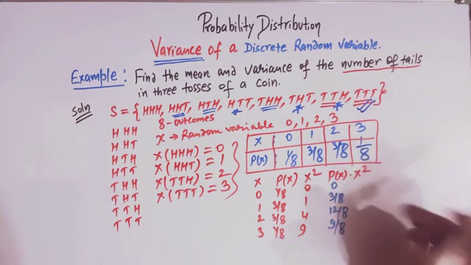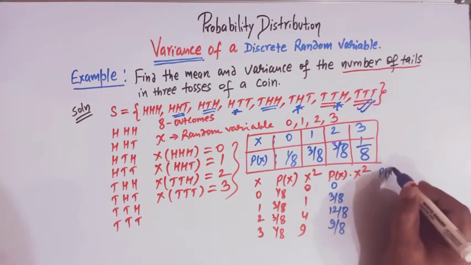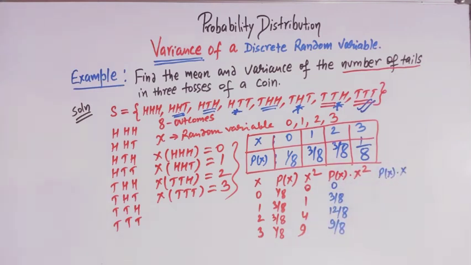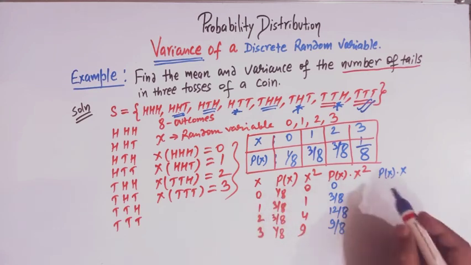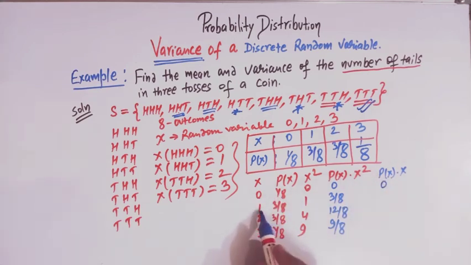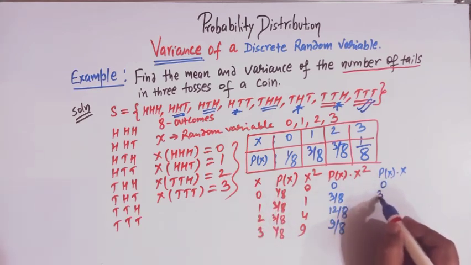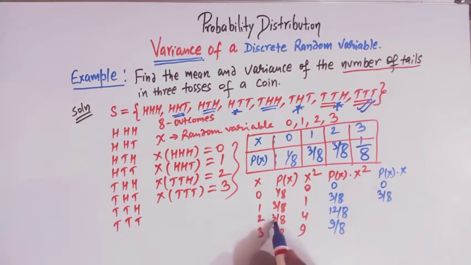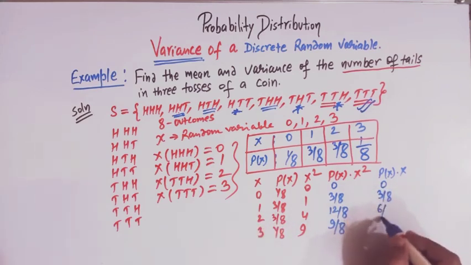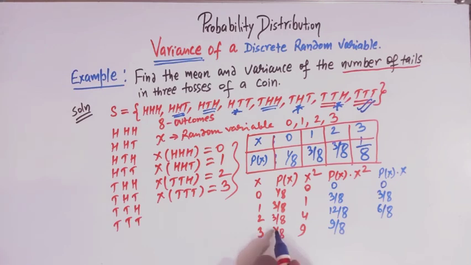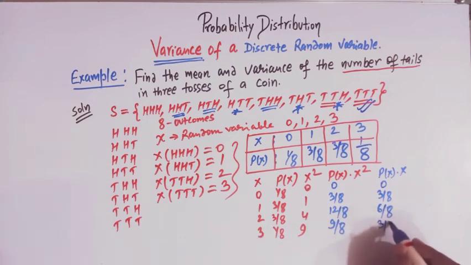In the next column, we can also find px times x. So 0 times 1 by 8 is 0. 1 times 3 by 8 is 3 by 8. 2 times 3 by 8 is 6 by 8. And 3 times 1 by 8 is 3 by 8.